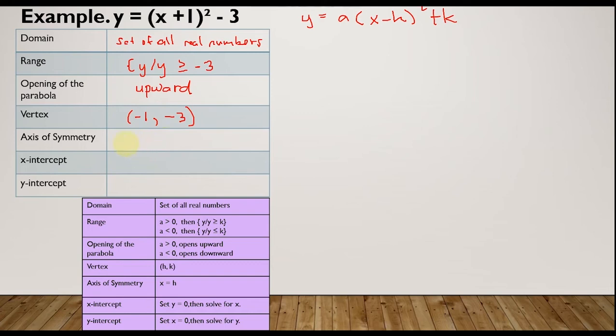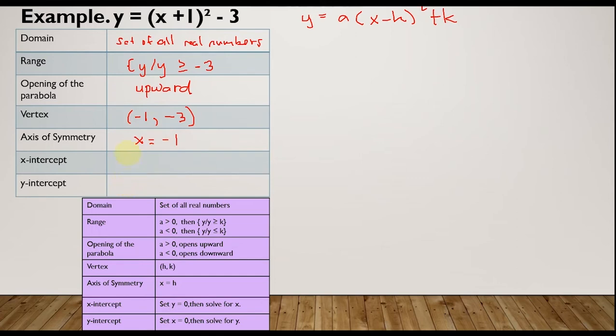Axis of symmetry. Now we have here the formula for axis of symmetry. Axis of symmetry is x equals h. So we need to change h here. So axis of symmetry, x equals negative 1.